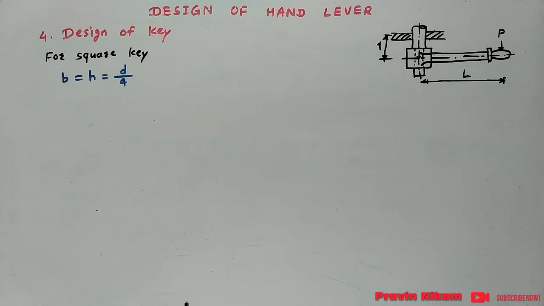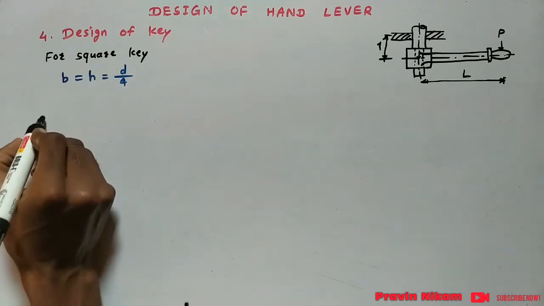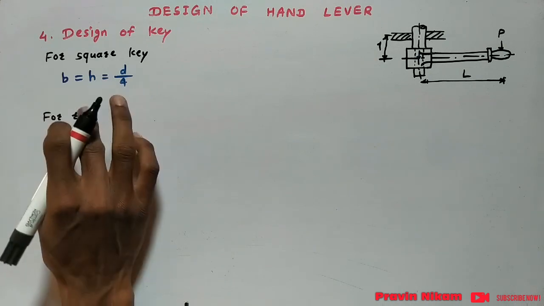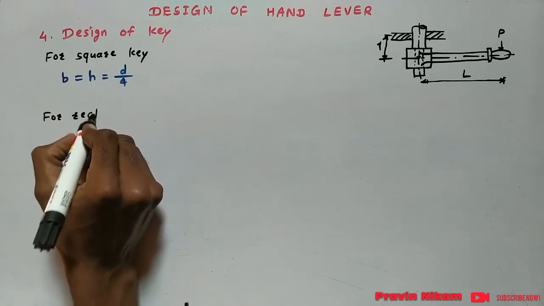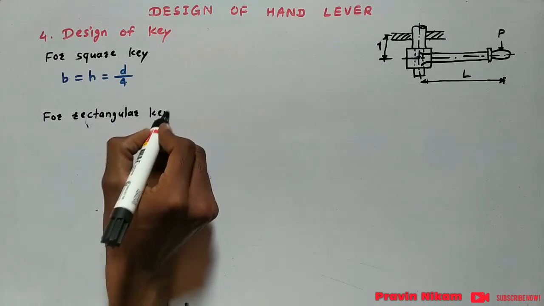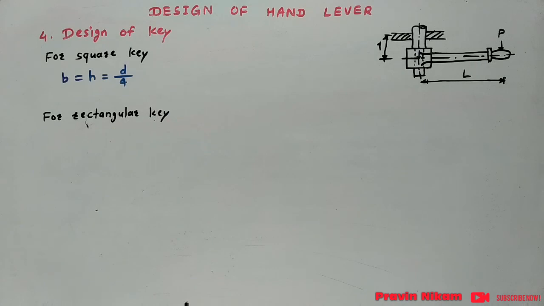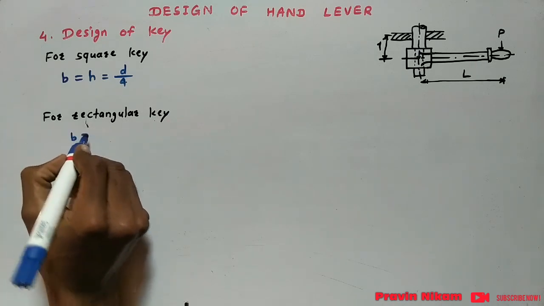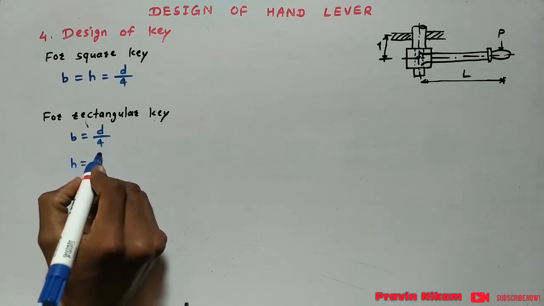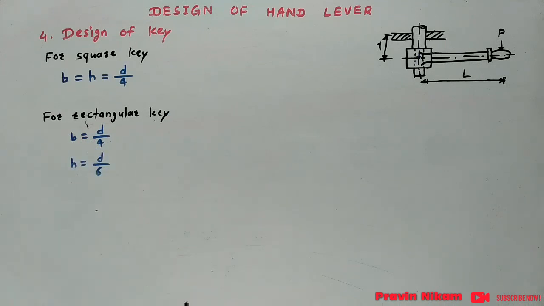Now for rectangular key, we know that width of key is equal to D by 4 and height of key is equal to D by 6.